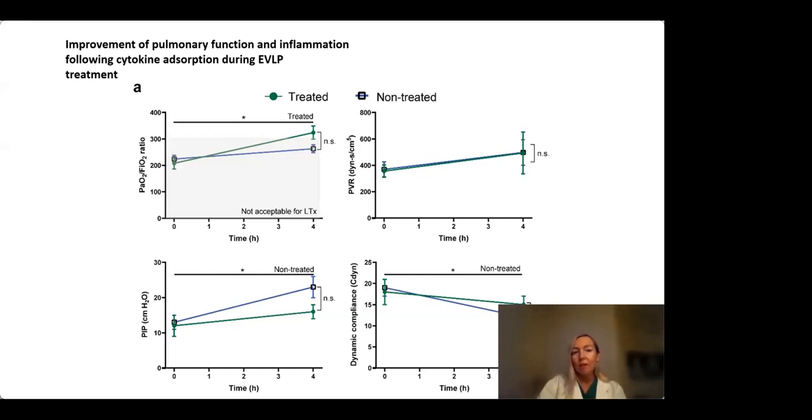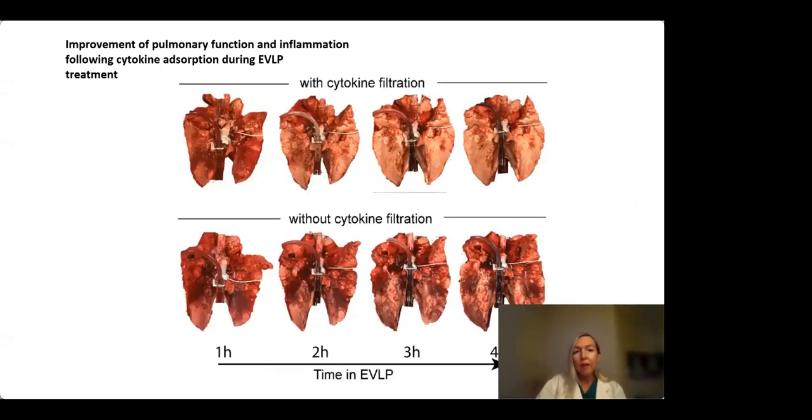The non-treated lungs did not really reach that point, and also experienced a significant decrease in compliance and higher pressure. But there was no difference between the 2 groups when we compared them, with the lungs treated with or without cytokine absorption during these 4 hours of EVLP.